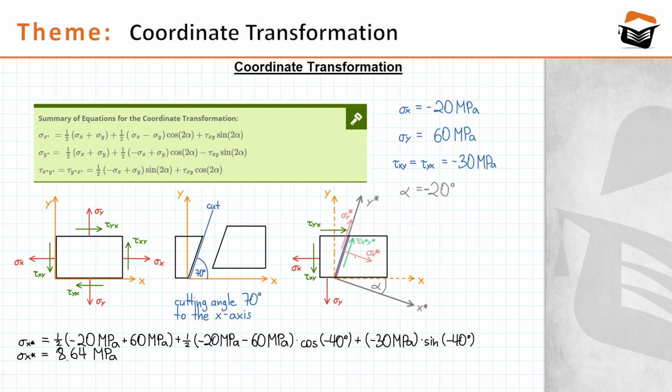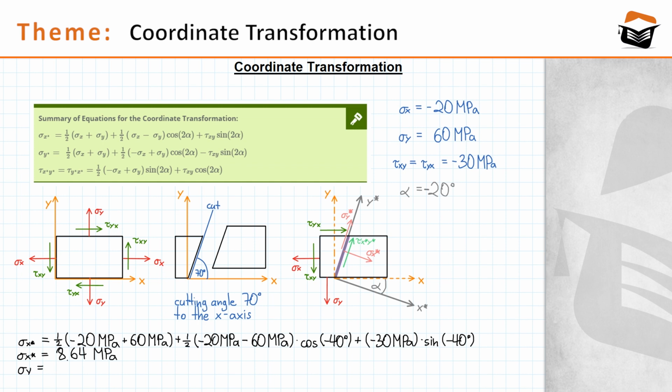And keep in mind that this normal stress is made up of various stresses that you can see on this sketch. Okay, as far as sigma y and tau, I'm not gonna plug in the numbers to save time. I will write down the results right away.